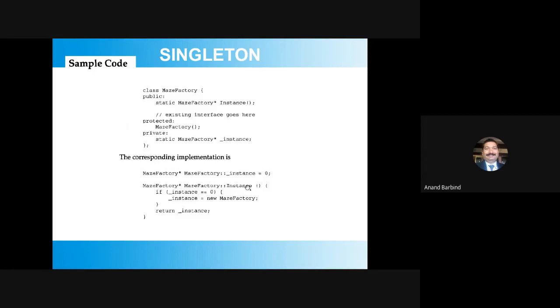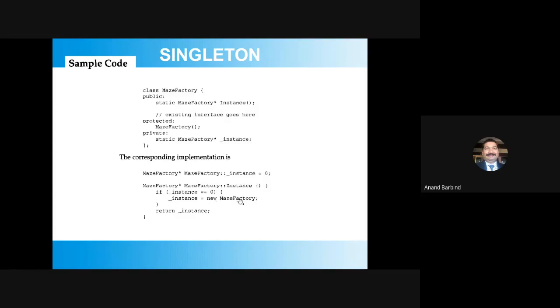Then this is the implementation of the instance method. It is MazeFactory::instance, and it returns a pointer or reference to MazeFactory. The body of this method is almost the same. That is, if _instance is equal to 0, then _instance is equal to new MazeFactory.